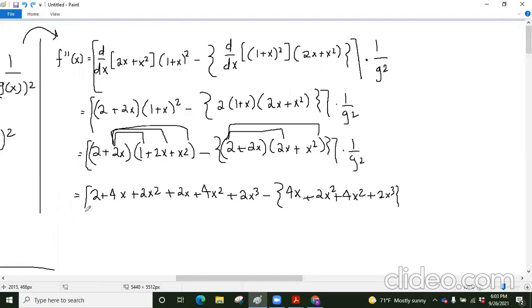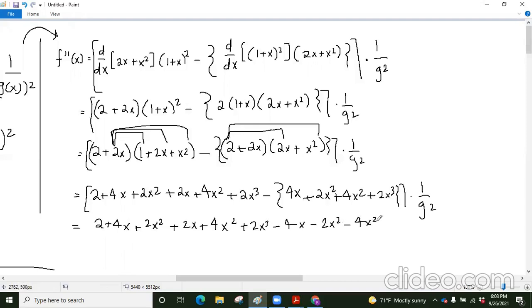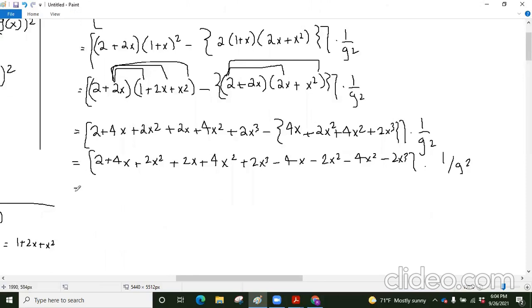And then that is multiplied by 1 over g squared, which comes out to 2 plus 4x plus 2x squared plus 2x plus 4x squared plus 2x cubed minus 4x minus 2x squared minus 4x squared minus 2x cubed, and then of course 1 over g squared.